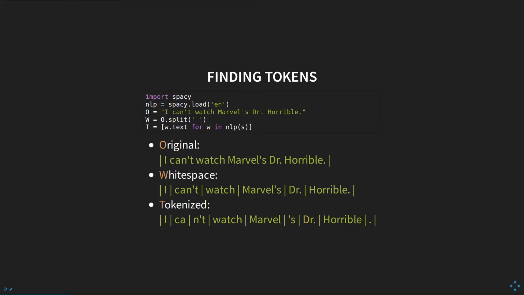Now, one of the other ones is the possessive, so marvels, which is marvel its, so we would want to split that as well. And then obviously at the end horrible, and then period. Period is not actually part of the word horrible, so we would want to split that off. But for this we need a sense of where the sentence ends. Because here, as you can see, we have Dr. Horrible and there's already a period after Doctor.